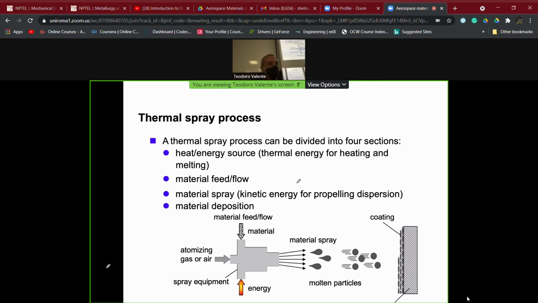Conceptually speaking, it's a simple process, but in the operative part, these processes need a lot of experience and a lot of attention, because they can be controlled. I mean, the final results can be controlled by a number of parameters, which can be up to 30 in some configurations.